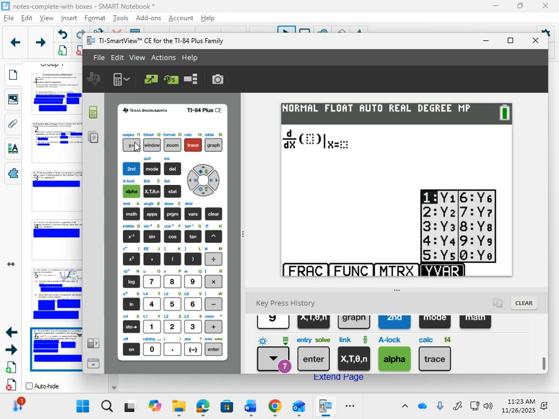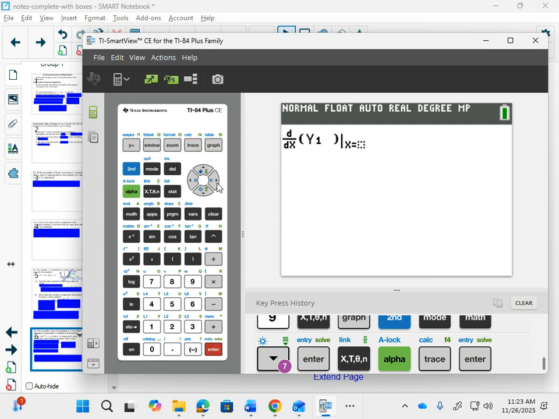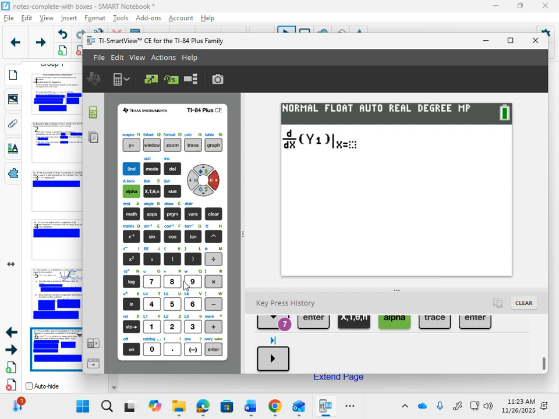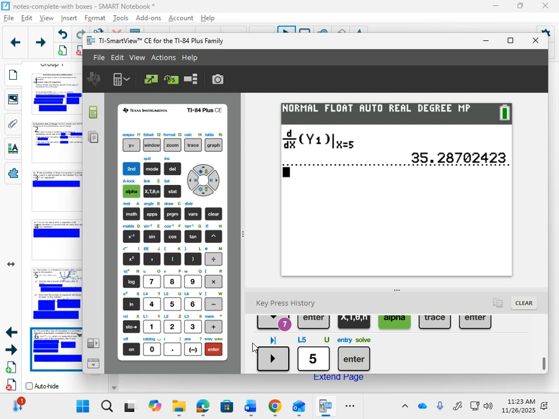So your alpha lets you do a whole bunch of extra menus from f1 to f4. And f4 is your y variable, so I can just put y1 instead of having to retype it. And we wanted to find the growth rate at x equals 5. So we got 35.287. You could just say the answer to 3 decimal places, I got it from my calculator.